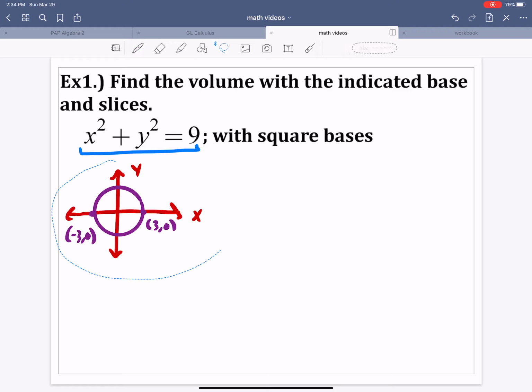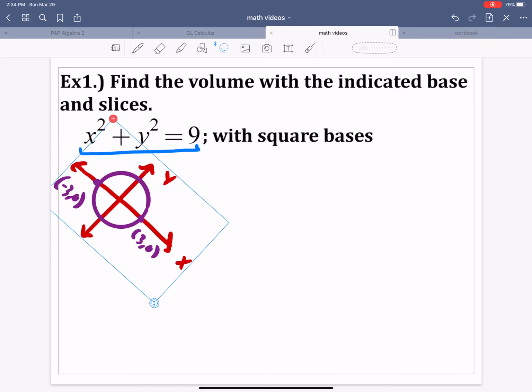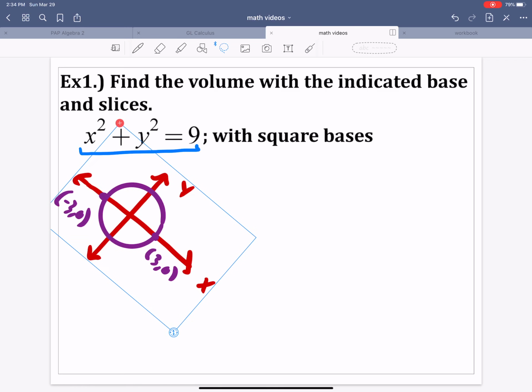And what I'm going to do is rotate this shape just a little bit on my screen so you can maybe see a better picture of what it looks like in 3 dimensions. When we use the circle as the base and we build squares that come up perpendicular to this circle to make a 3-dimensional solid.